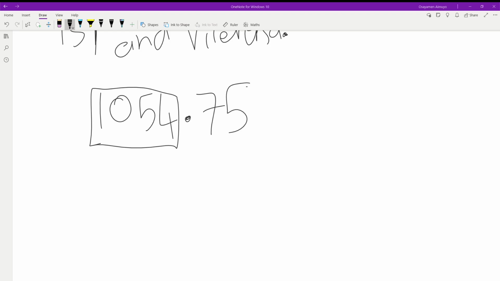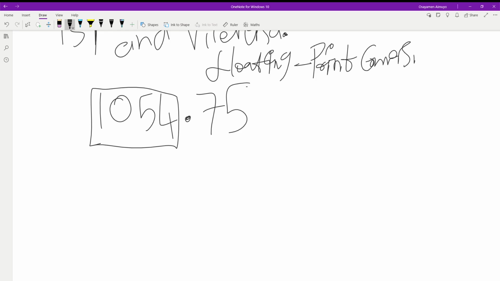Okay, so basically convert this to, oh, I picked a very big number. Let me just reduce that. Well, not necessarily. Okay, so just convert this to binary first of all. So I'm just gonna call this floating point conversion. Okay.